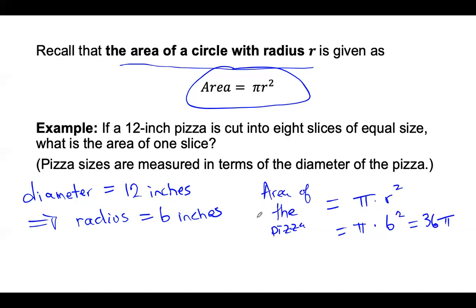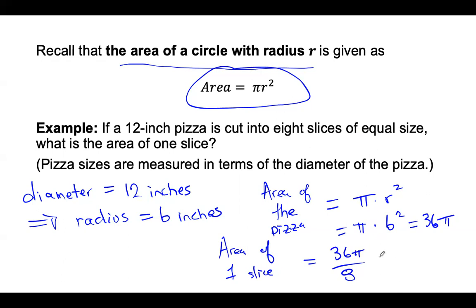Now the area of one slice, therefore, is just going to be, what is it? Anyone? Yeah, 36 pi divided by 8, because there's 8 slices in the pizza. So you divide, because we just want per one slice.